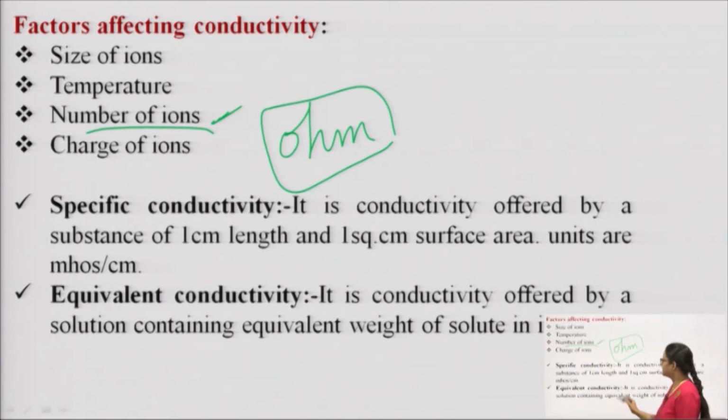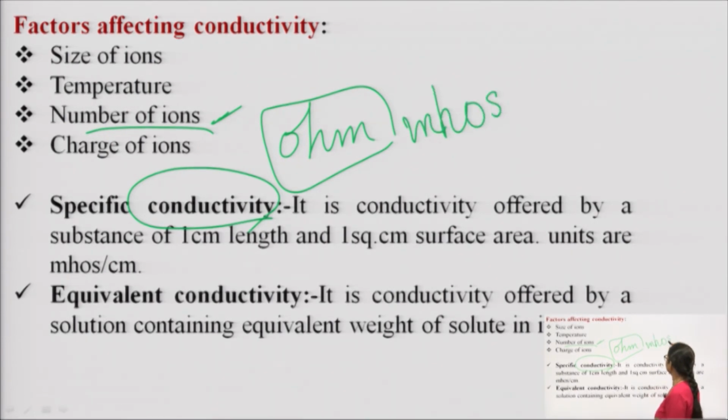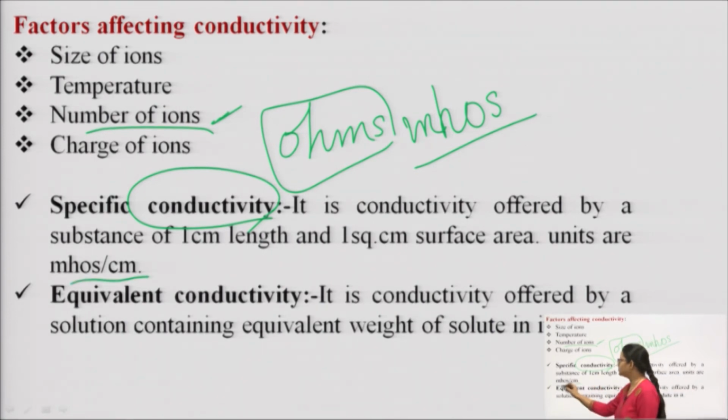That is why conductance has the opposite unit, mhos. So specific conductivity has the unit mhos per centimeter.